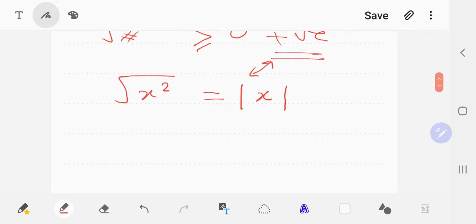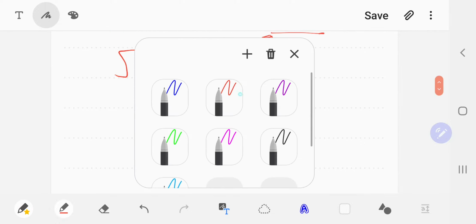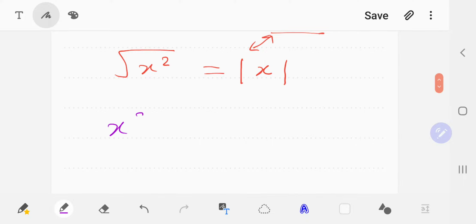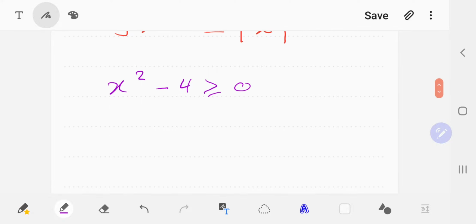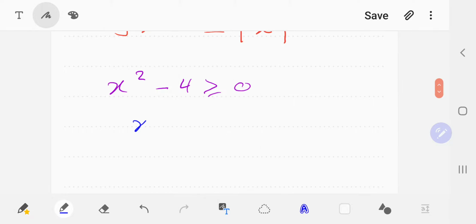So, depending on these two facts, we can solve the previous problem this way. I will do it in two ways. X squared minus 4 greater than or equal to 0. This means if you want to use square root, then it should be x squared greater than or equal to 4.